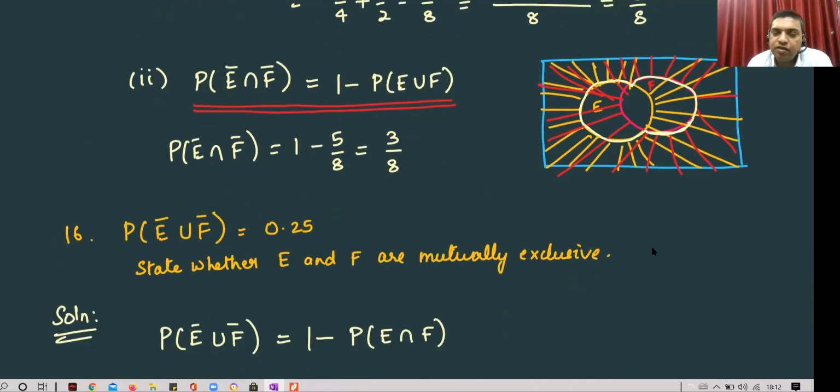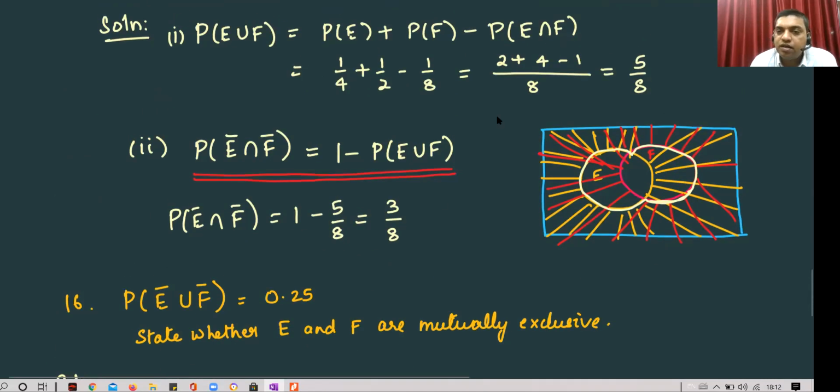See, previous case it was intersection, here it is union. Union means either of this or that. So either not E is these yellow lines, or not F is this red line region.